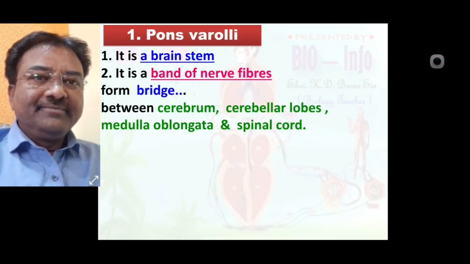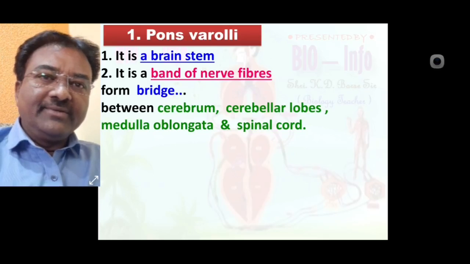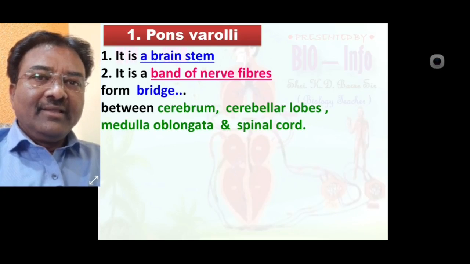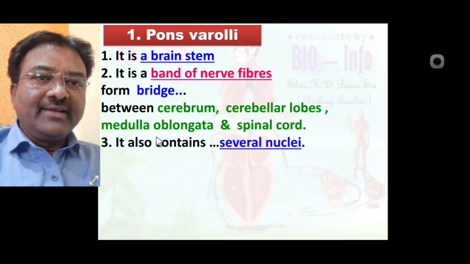Always remember, pons varoli is one of the bridges between cerebrum, cerebellar lobes, medulla oblongata and spinal cord.